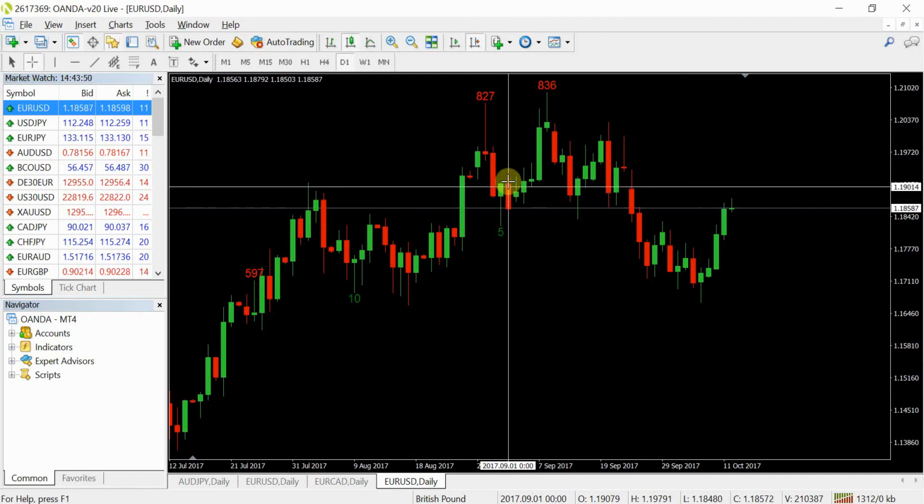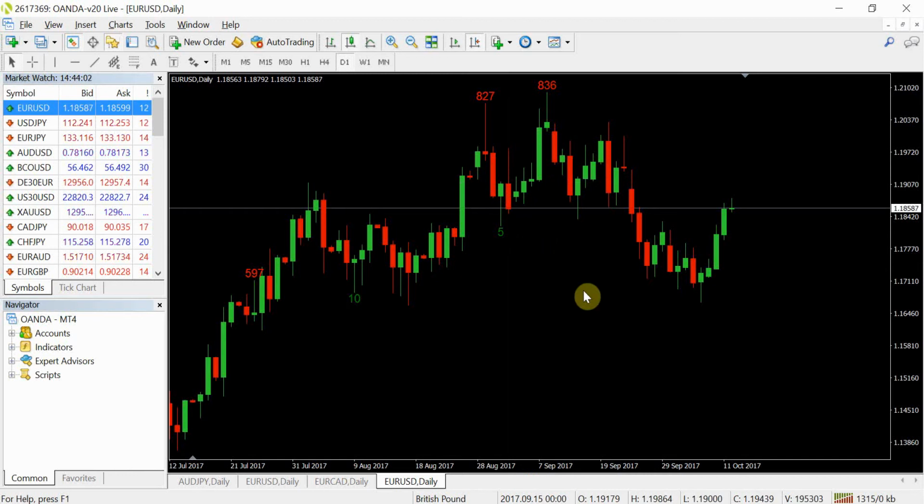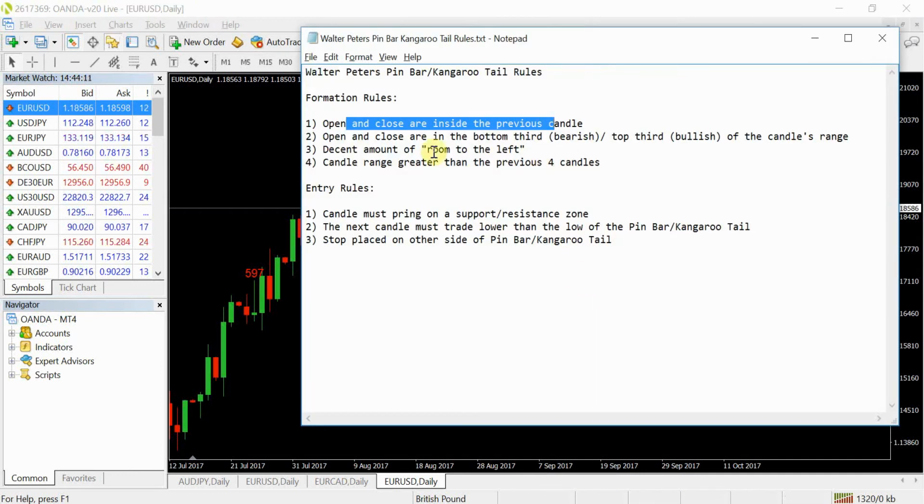When I looked at Walter's videos and did it myself, I was looking at this being about 90 pips, so a third is 30. Okay, there you go, it's within a third. It was getting quite cumbersome to do that, so that is coded into the indicator and you don't need to work that out. So that's the top two. Again, no flexibility within those.